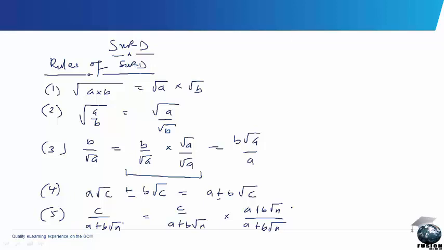If we are given questions in this form, for example 1, you're told to simplify the following expression, and you are given 1 plus root 3 times 2 minus root 8.